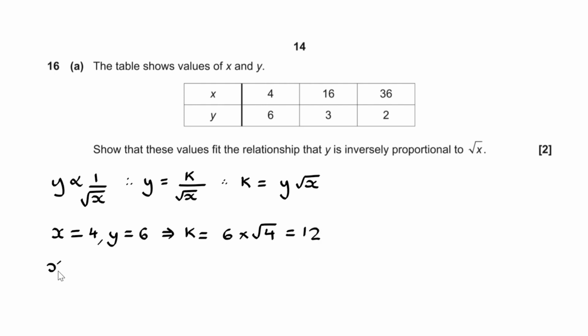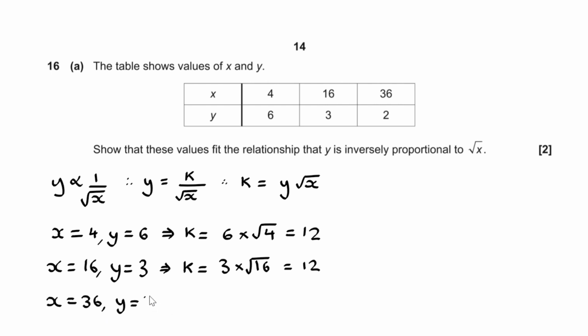And when x is equal to 16 and y is equal to 3, k is equal to 3 times by square root of 16, so we've got 3 times by 4, which is 12. And when x is equal to 36 and y equals 2, we've got k equaling 2 times by square root of 36.